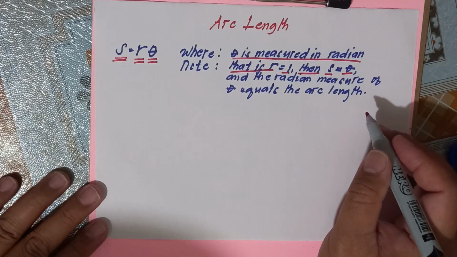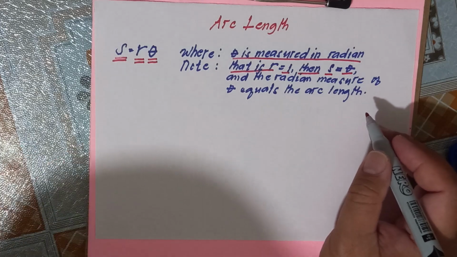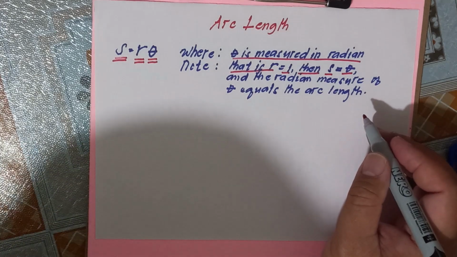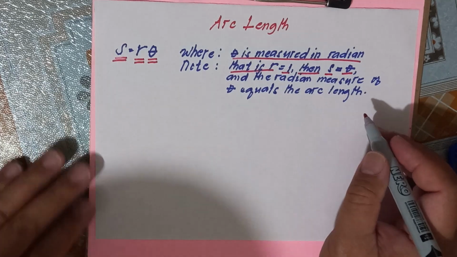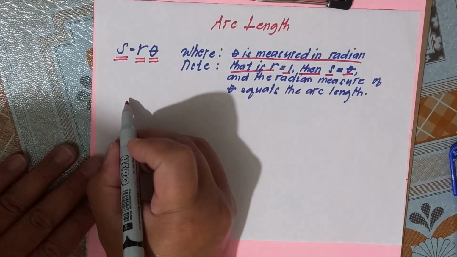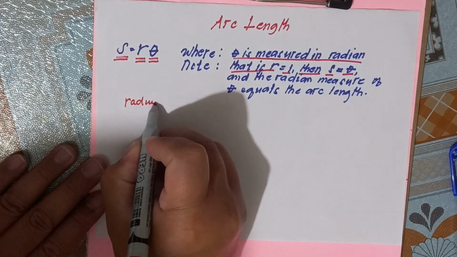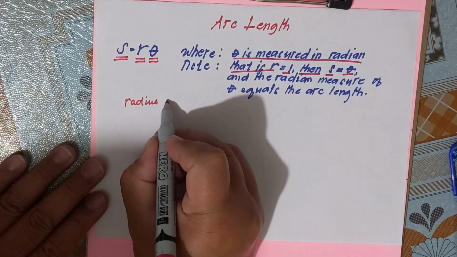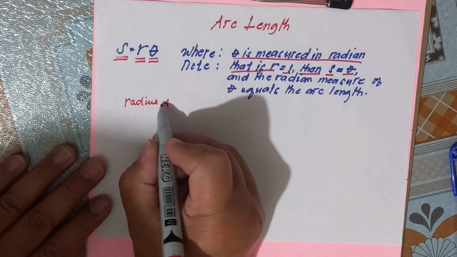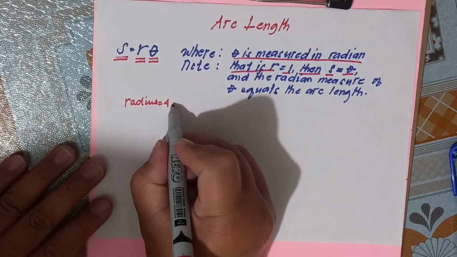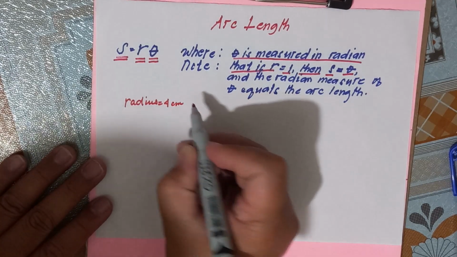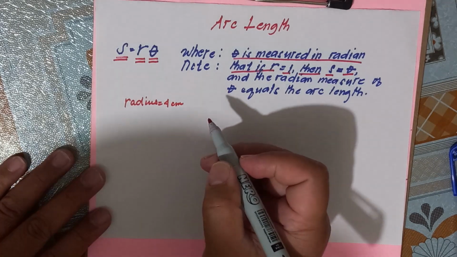What if a circle has a radius of 4, shall we say centimeter?